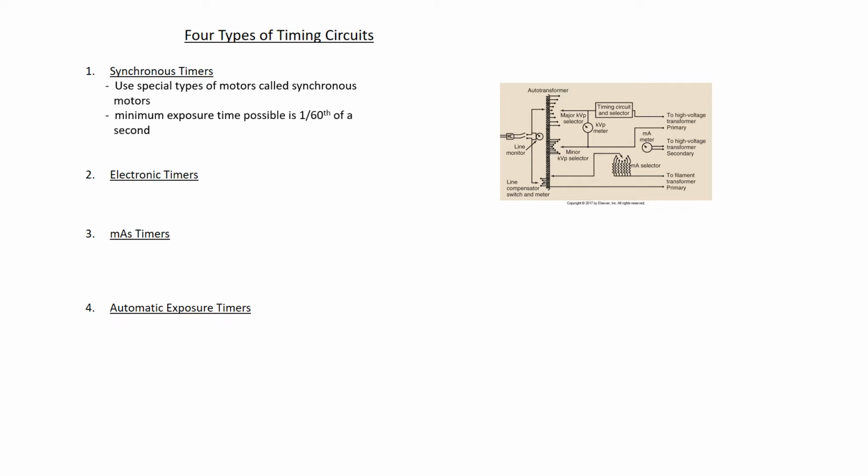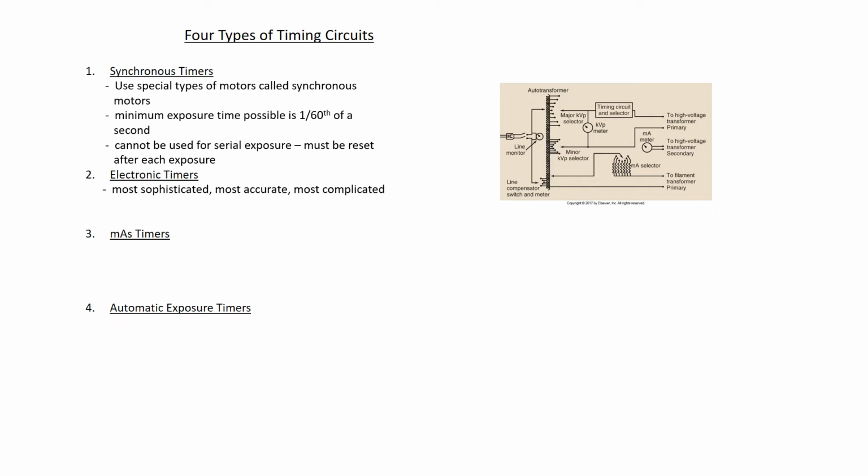Its minimum exposure time possible is 1/60th of a second. And it cannot be used for serial exposures. Serial exposures mean one right after another. And the reason for this is that you have to manually reset the timer after each exposure.